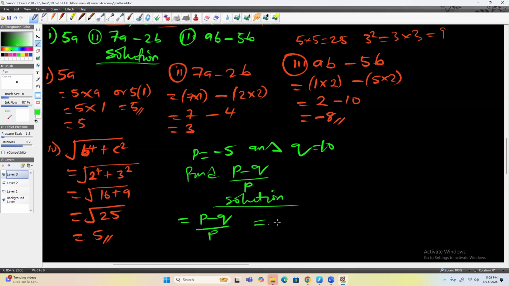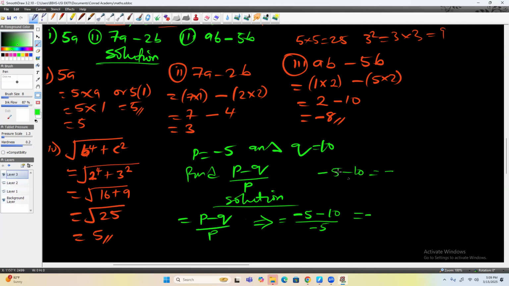Now you replace everything you have. So P is minus 5. So I have minus 5 minus Q, which is 10, over minus 5. Now, minus 5 minus 10, I've told you, since the sign is the same, put the sign, then you add everything.